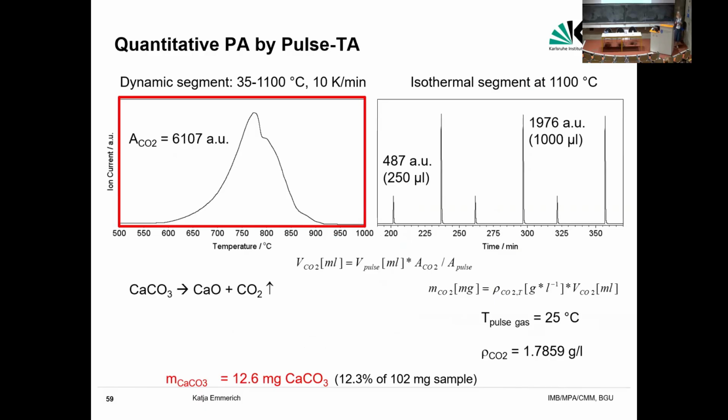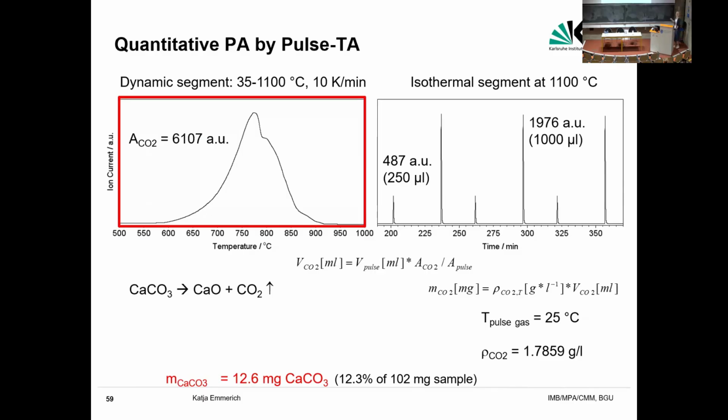With a pulse TA device, you can add defined volumes of gases into your oven. This injected gas volume is also transported to the gas analyzer, in our case the mass spectrometer, and then it can be used for the calibration of, for instance, the signal of mass 44, which is characteristic for CO2.